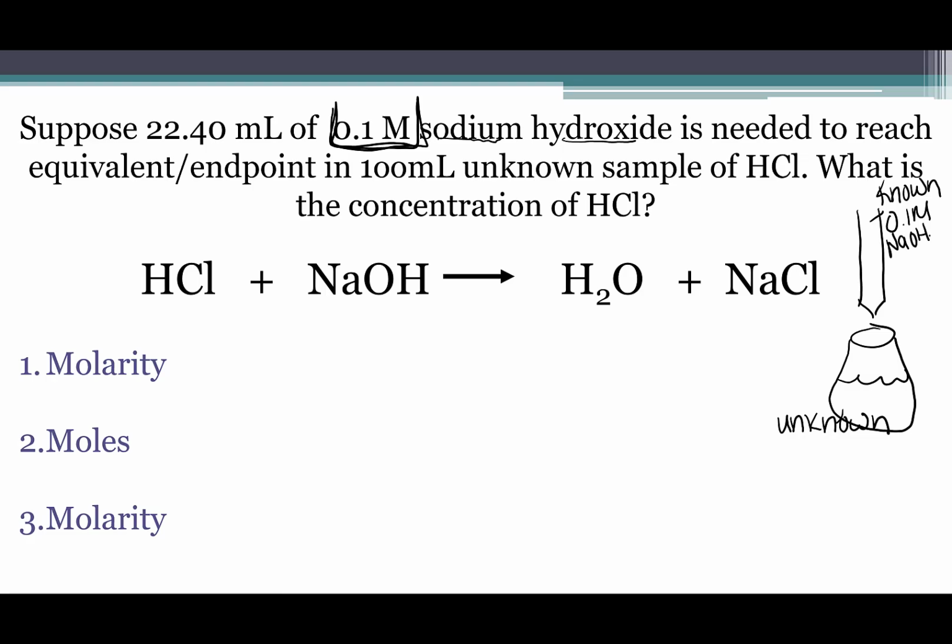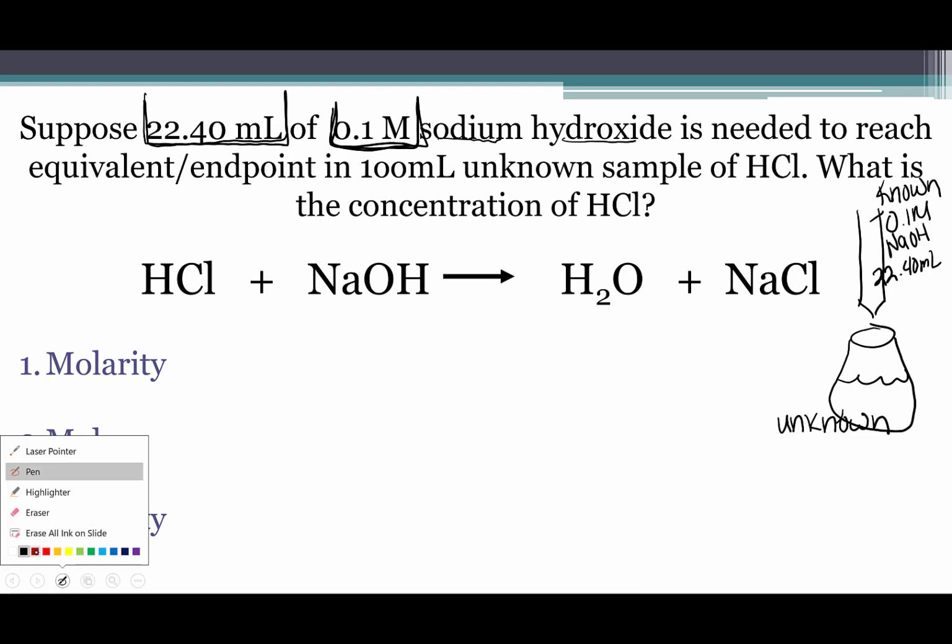The last piece of information that I also know about that particular substance is I know exactly how much I put in, right? Open it up, drop, drop, close it. Open it up, drop, drop, close it. And eventually that ended with 22.40 milliliters.